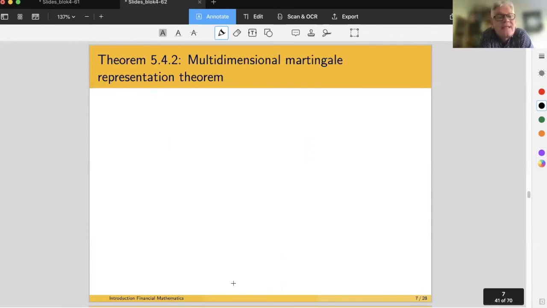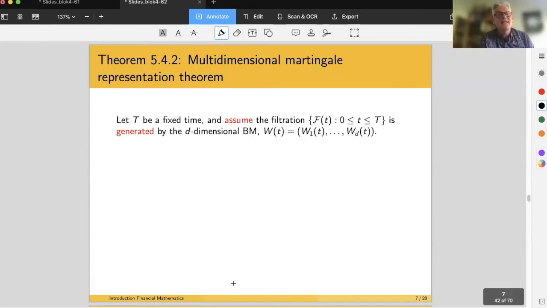The next step in our section is theorem 5.4.2, and there we generalize the multidimensional martingale representation theorem from last lecture, and we generalize it to 2 dimensions or multiple dimensions. And how did that go?